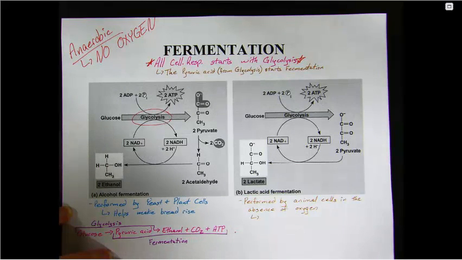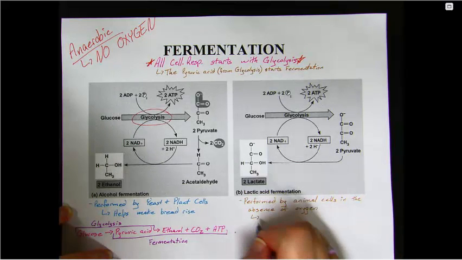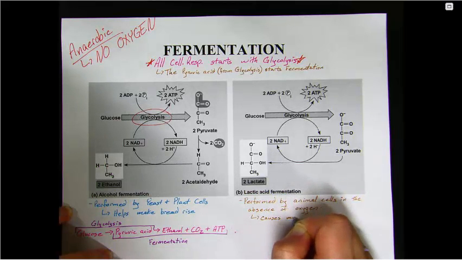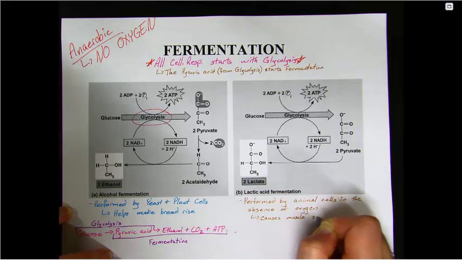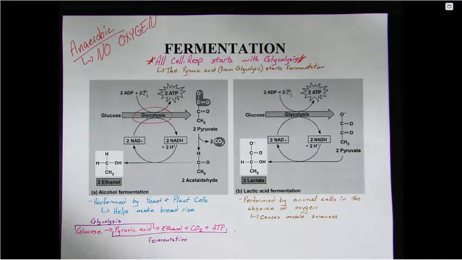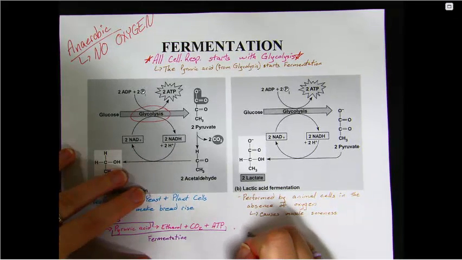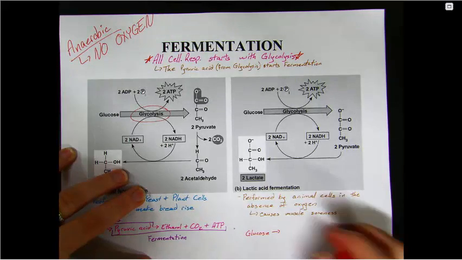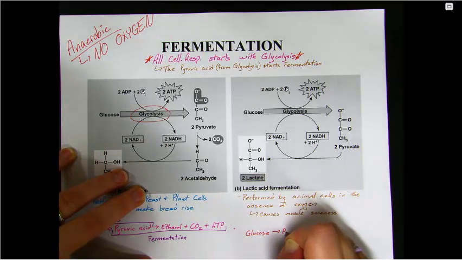In fact, this is the process that causes your muscles to be sore after a good workout. If we write out this equation, we can see that we start with glucose, and that glucose is quickly converted into pyruvic acid.